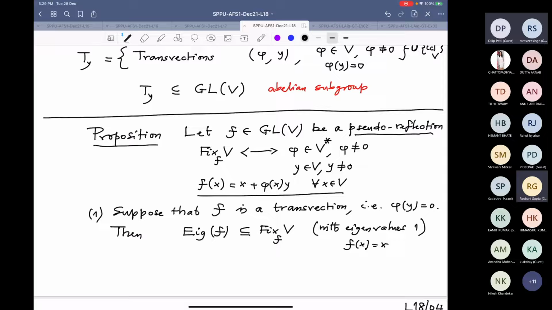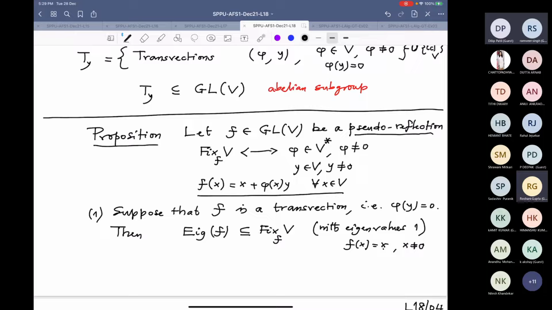This x is non-zero, and then x is called an eigenvector corresponding to the eigenvalue 1. Right? And all of them are obviously in the fixed point set of V, F.